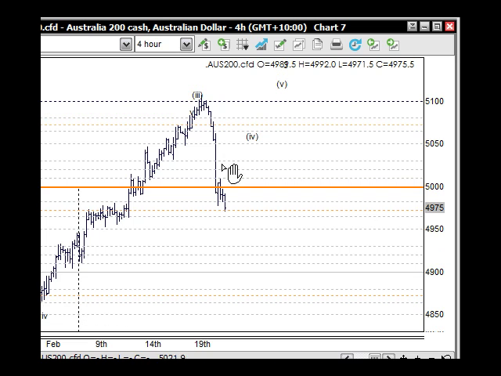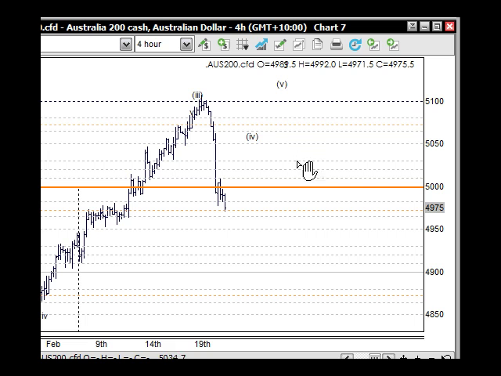Don't worry about these wave counts here, but basically we've got an A wave down through here. The distance above here was the 5100, so the 4900 naturally comes into play as the equal swing point across the 5000. So we'd be looking at an A wave, a B wave, and a C wave through here.